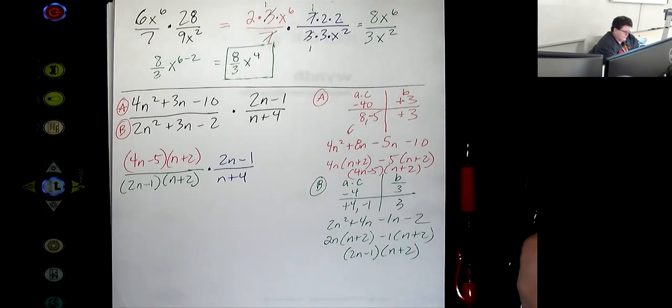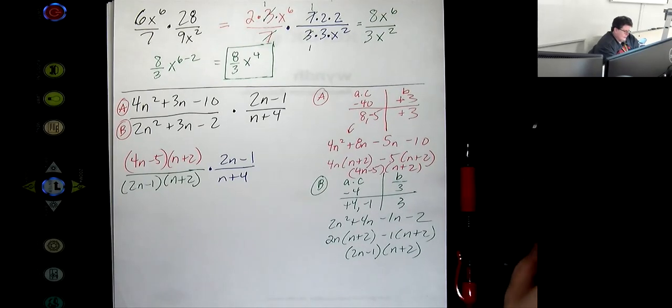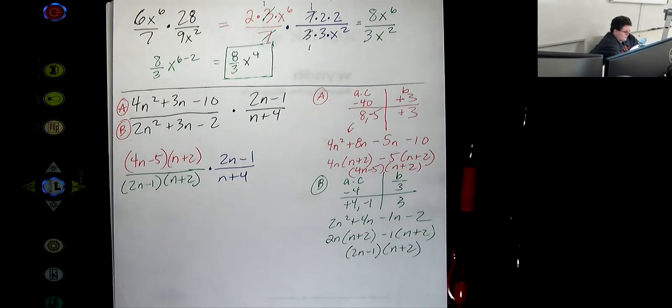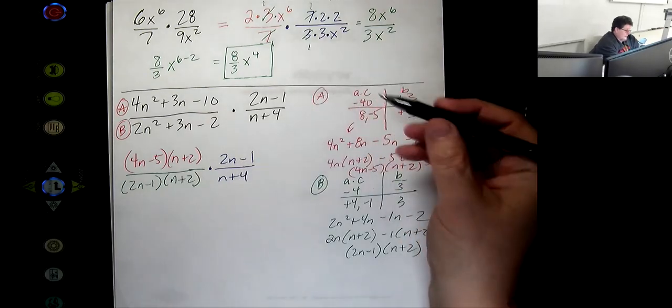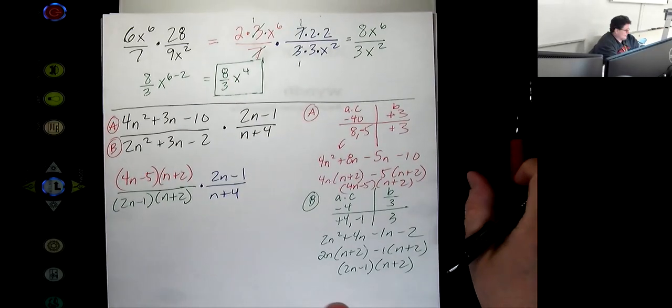Okay, so we want to identify where the denominator can't equal 0. That's still important. And I should have done that up here, and I didn't. That's what we call a slacker.